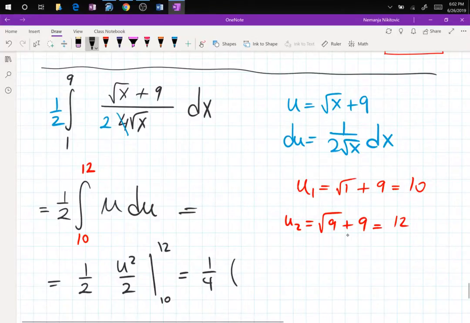That's 1/4 of 12 squared minus 10 squared, which clearly is 11. Good. So this is the u substitution.